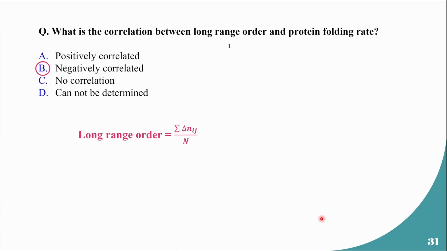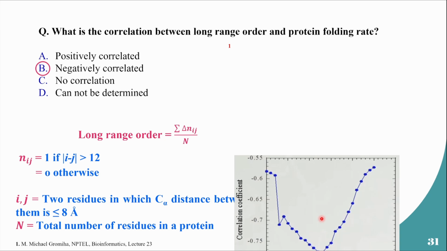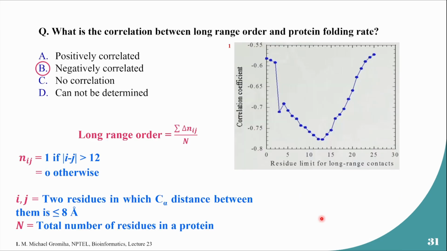Again, what was long range order? In the case of contact order, we calculated the sequence separation explicitly. In the case of long range order, let's say we have a cutoff value for Nij, the sequence separation. If it is more than 12, for example, so if the value of Nij is more than the cutoff value of 12, we'll just put a 1 there.